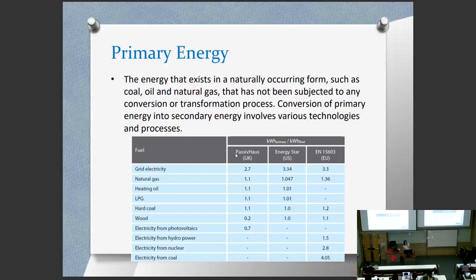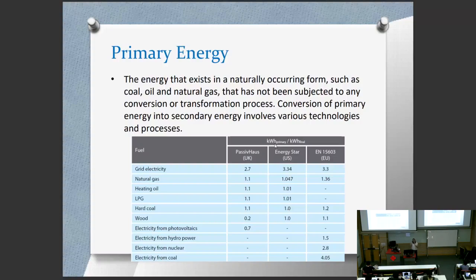If we refer to the Passive House, this value is 2.7, and the unit is kilowatt hour primary for every kilowatt hour final. It means that in order to produce 1 kilowatt hour of electrical energy, you have to consume 2.7 kilowatt hours of primary energy.